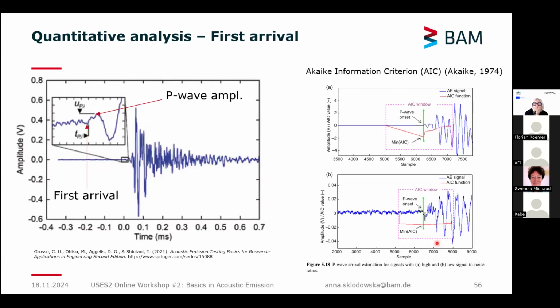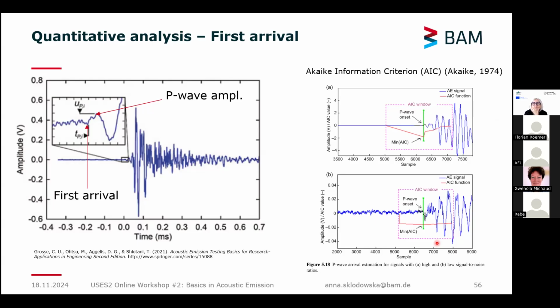But what I want to stress is that in those quantitative methods, a very important thing is a proper estimation of the first arrival of the P wave. Often the threshold crossing is not enough for this kind of analysis.